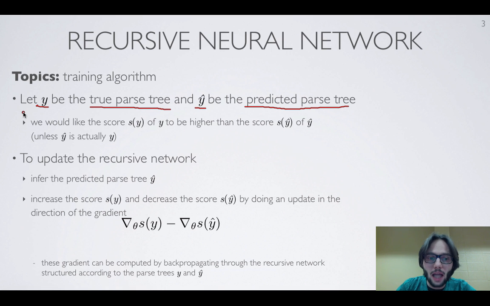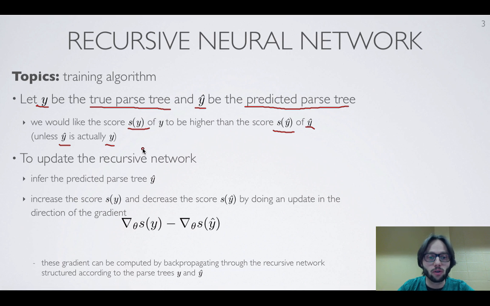So what we would like is for the score of the full tree y, which is the correct tree, we call that S of y, to be higher than the score of the tree that we predicted, y hat. Unless of course y hat is actually y, in which case our neural network is doing the right prediction.